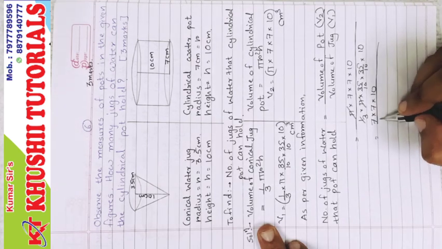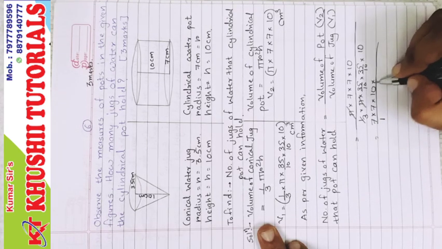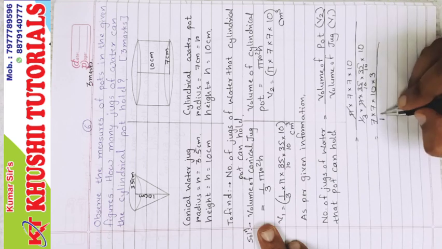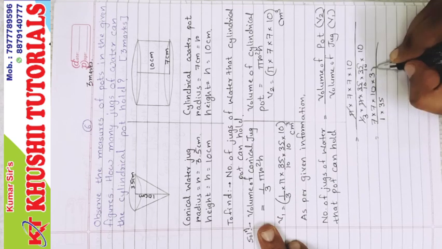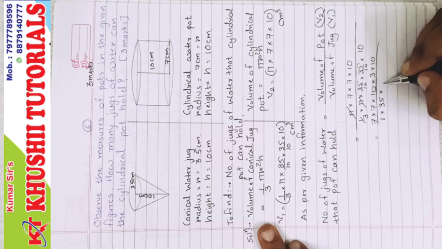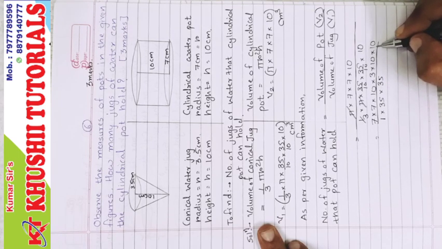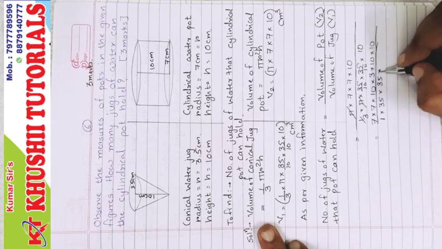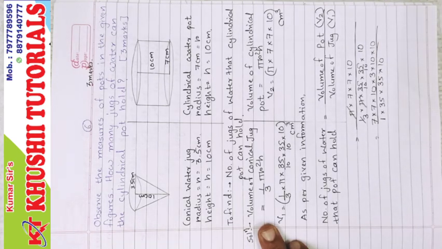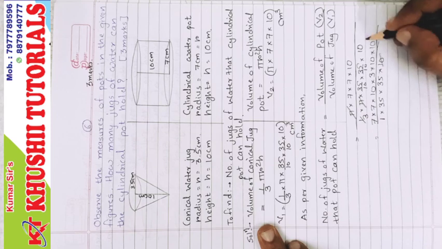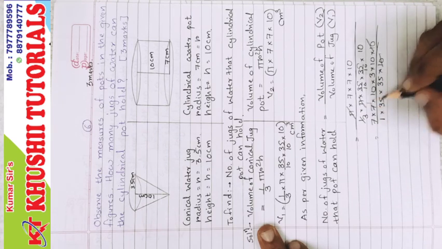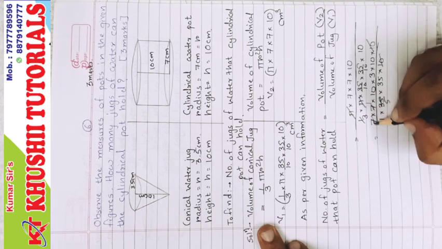In the denominator 1/3, so 1 will remain in the denominator, 3 will come to the numerator, 35 will remain in the denominator, 10 will come to the numerator. This 35 also will remain in the denominator, the 10 will come to the numerator, and this 10 will remain in the denominator.